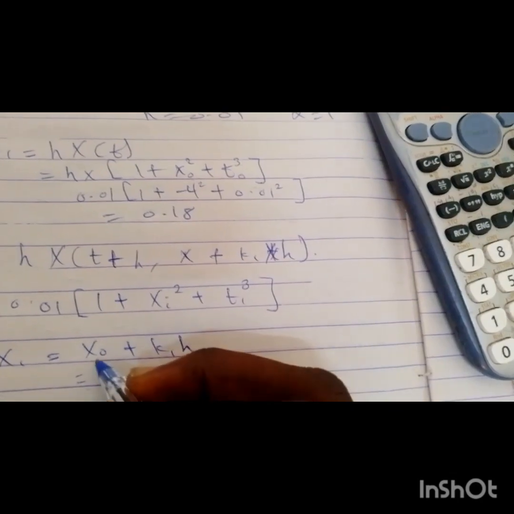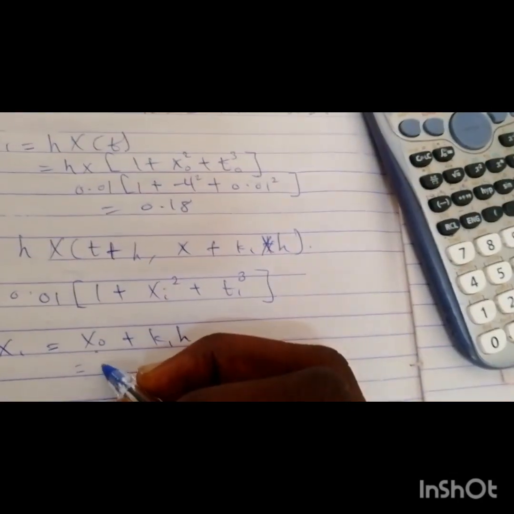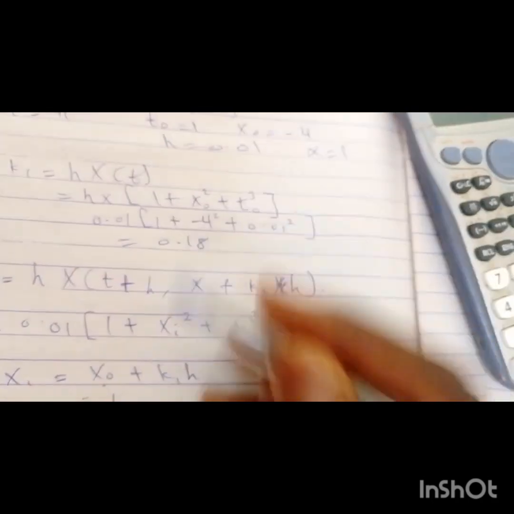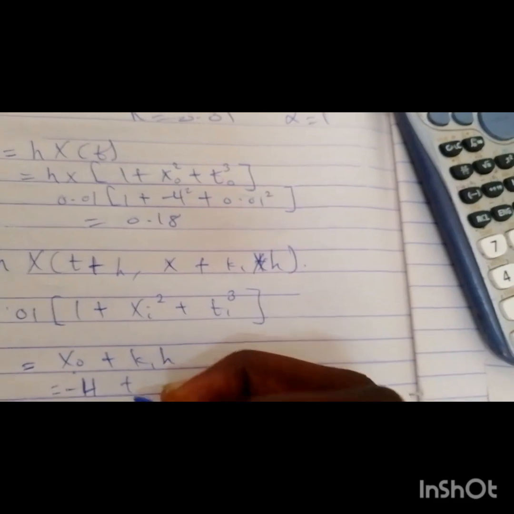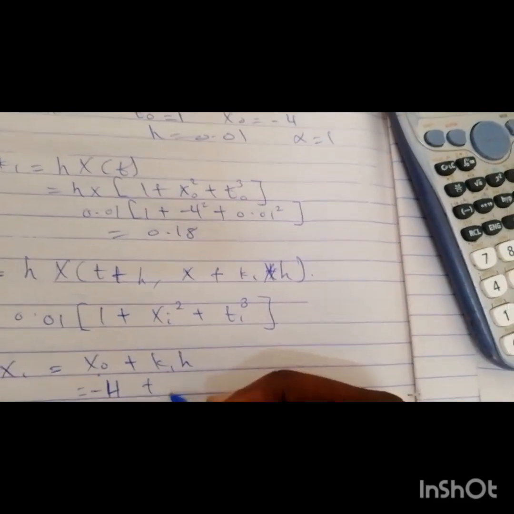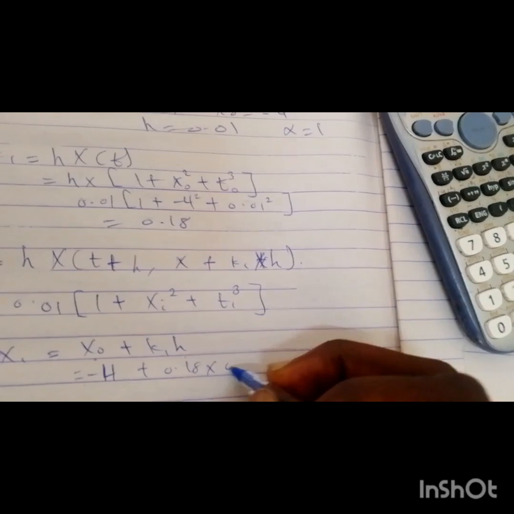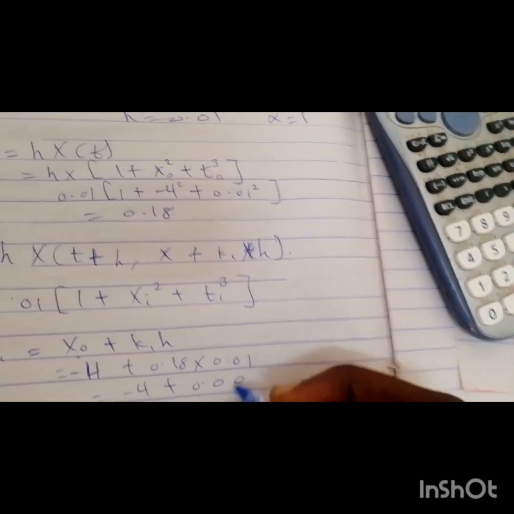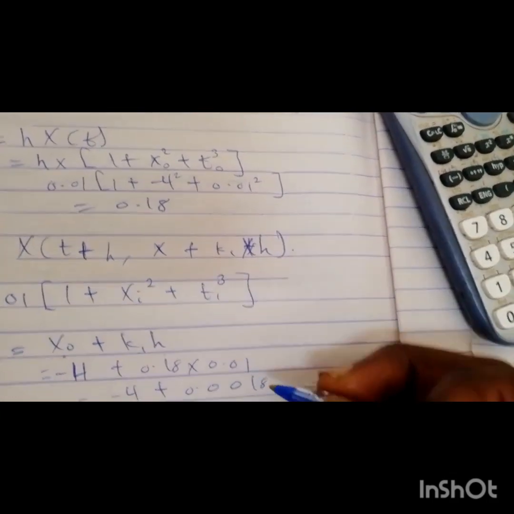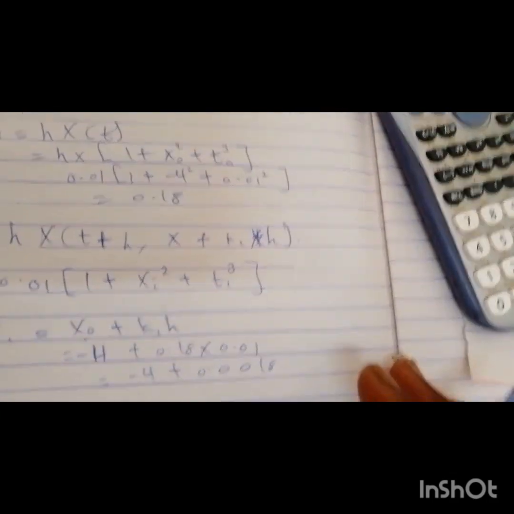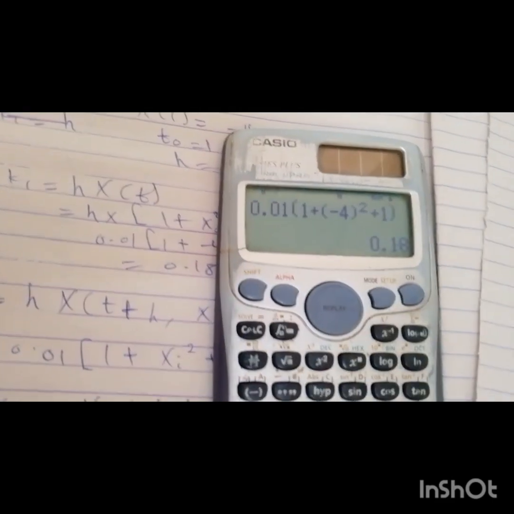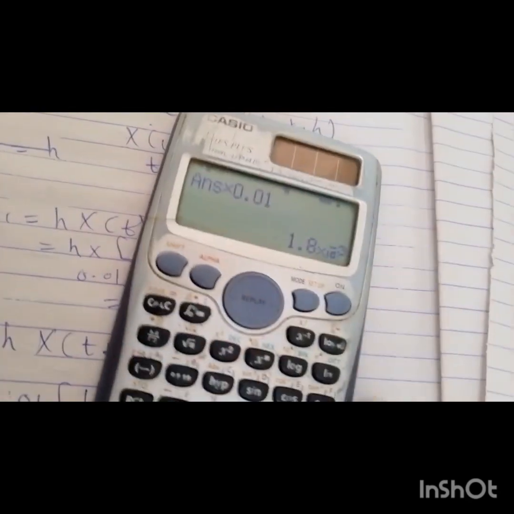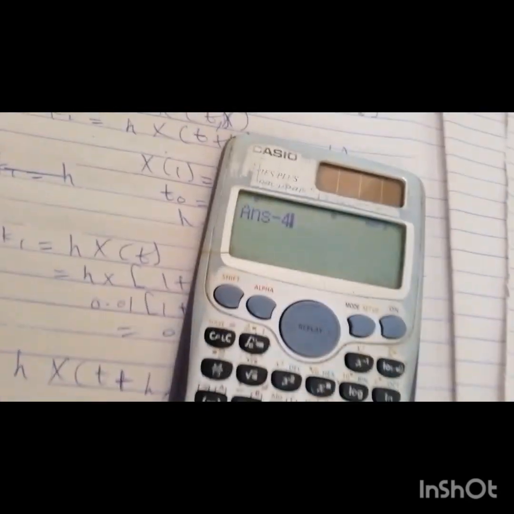Here, x naught was minus 4 plus k was 0.18 times our h, which is 0.01. So this gives us minus 4 plus 0.0018. Then you can just enter this.